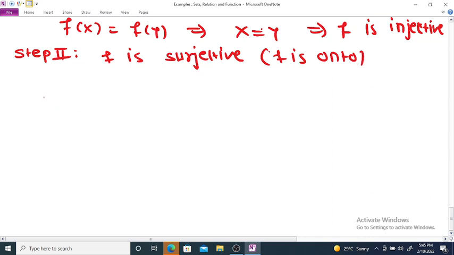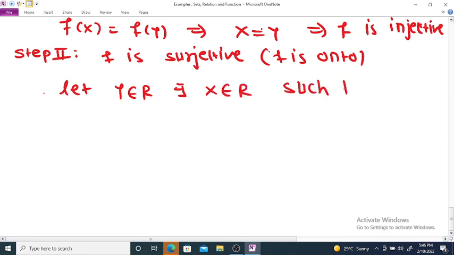That is, we want to show that for any y belongs to R, there exists x belongs to R such that f of x is equal to y.